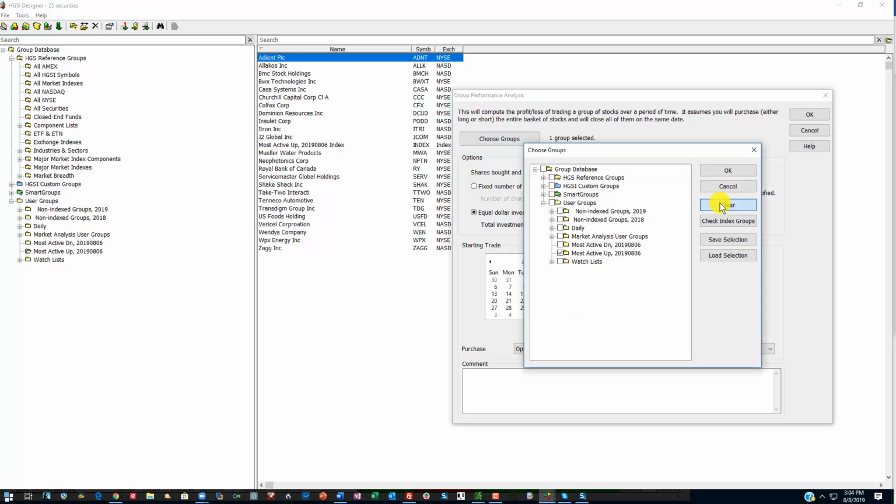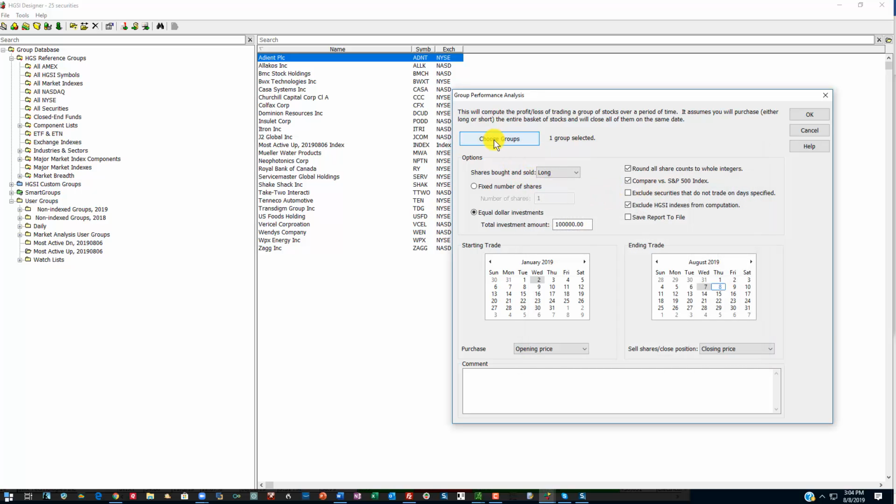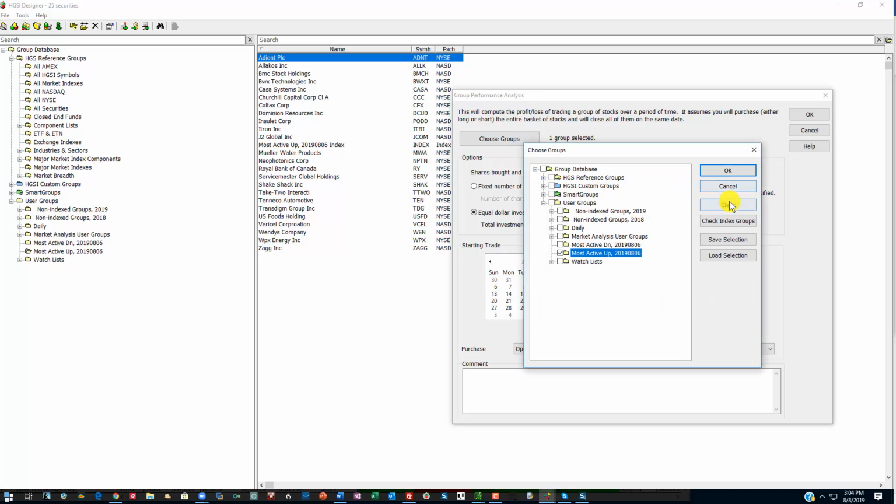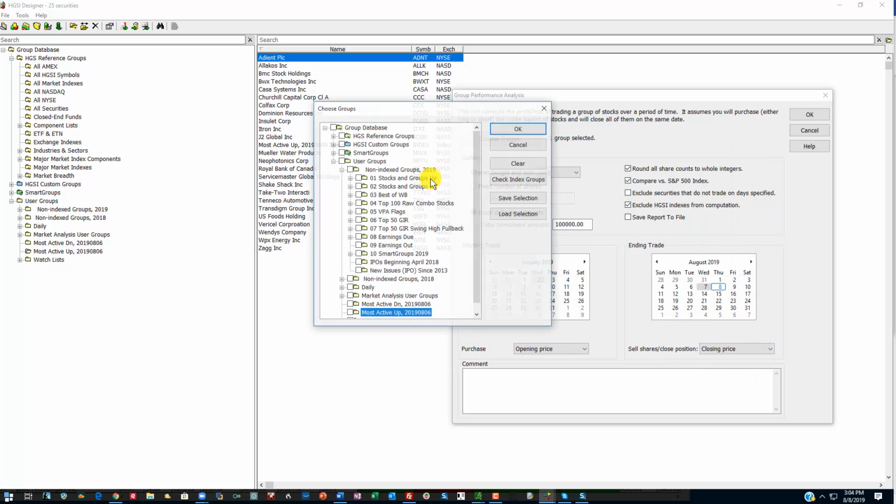I want to clear that. I'm going to choose a group here. I'm just going to take the top raw combo stocks for this year.